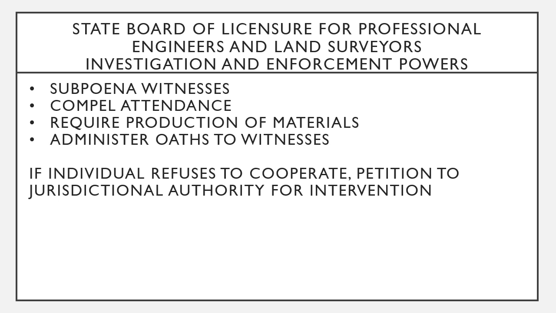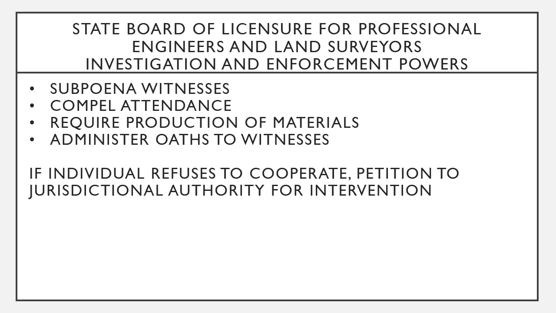I will refer to this section as the enforcement powers of the board. As we saw, one of the duties of the Board of Licensure is the appointment of investigatory personnel. The board has also provided authority to subpoena witnesses and request documents needed in the investigation or administrative hearing of a case involving the revocation of a license or unlicensed practice.